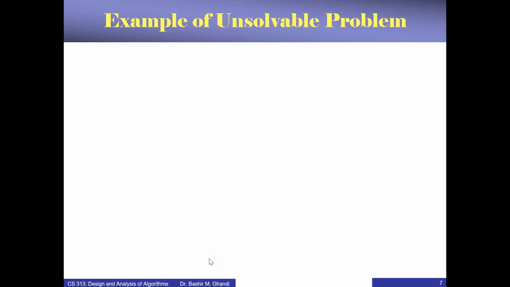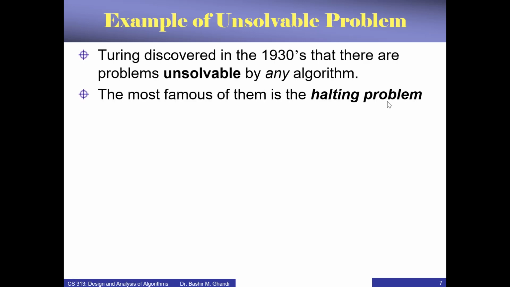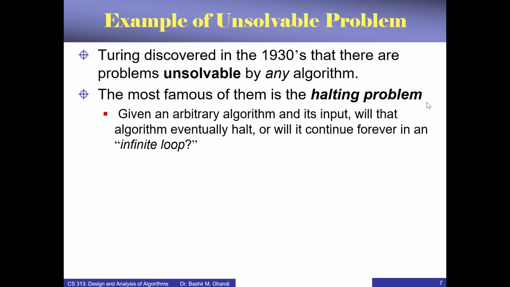Okay, let's give some examples of unsolvable problems. Alan Turing discovered in the 1930s that there are problems that can be described as unsolvable by any algorithm. And the most famous of those problems is Turing's own halting problem. Okay, what is the halting problem?